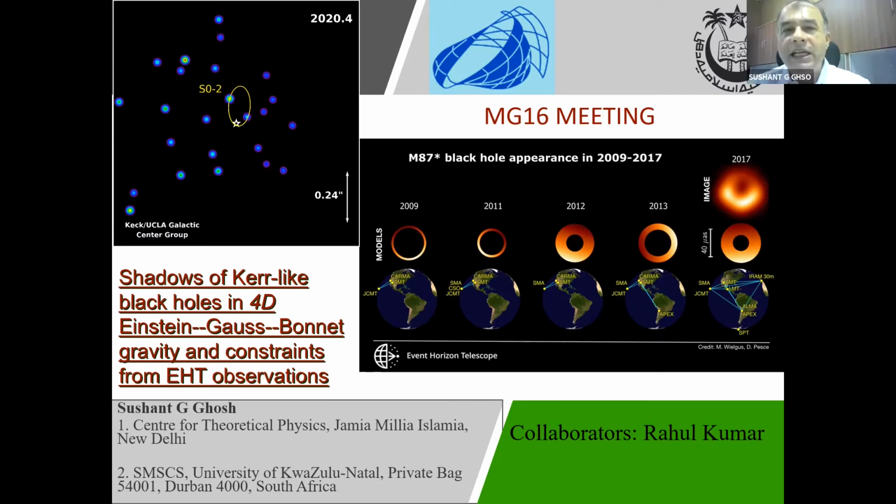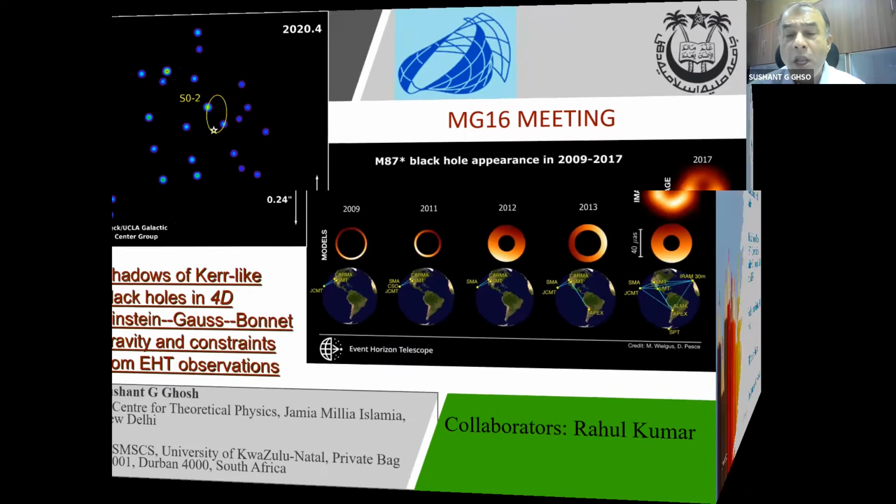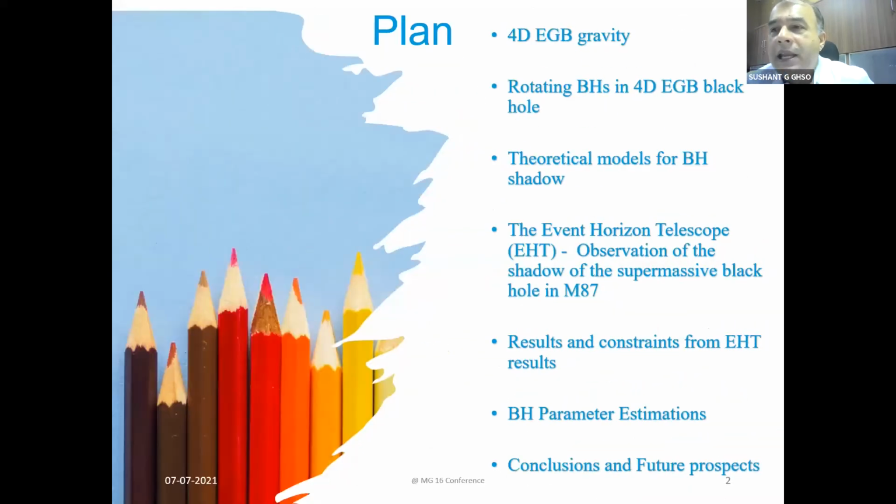As we know, this is a really exciting time for black hole physics for numerous reasons, which is evident from my first slide. The Event Horizon Telescope has released the first observed image of the black hole, and the results are consistent with the Kerr black hole of general relativity.